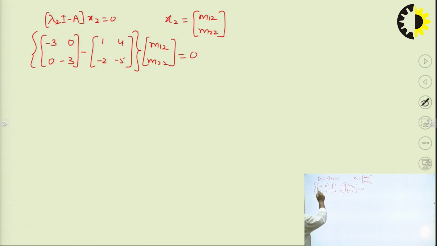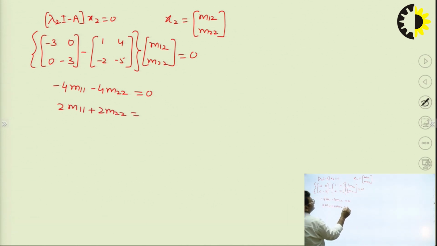After solving we will get minus 4 m12 and minus 4 m22 is equal to 0, or from here we can get plus 2 m12 and plus 2 m22 is equal to 0.